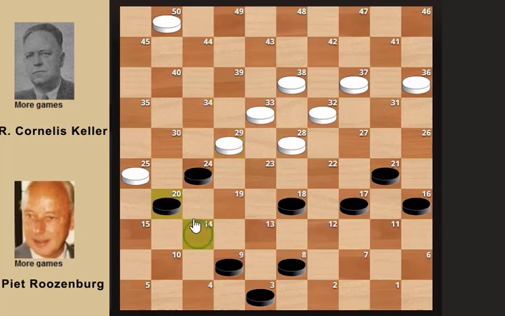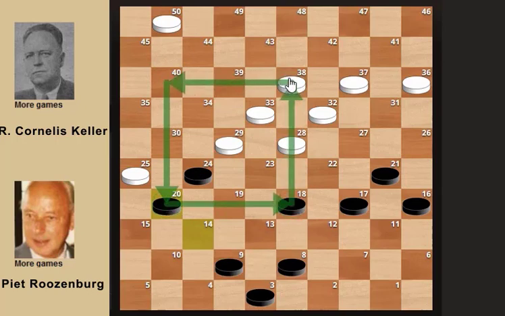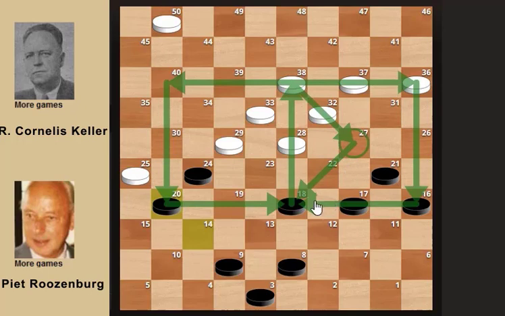Roozenburg had to play 14, 20 to prevent the 24 from being taken. Again, this move also formed the center of the square. So if you complete the square, you see that this move here forms the center of the square. So if you have a square, or let's say two squares, the center will form a triangle.